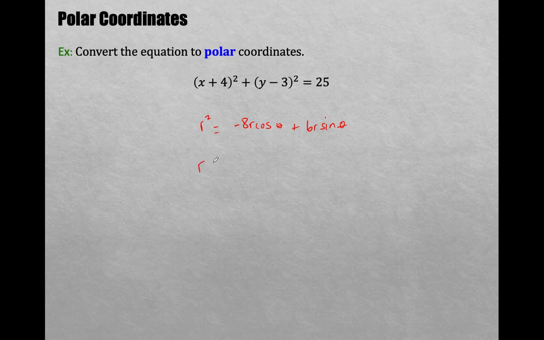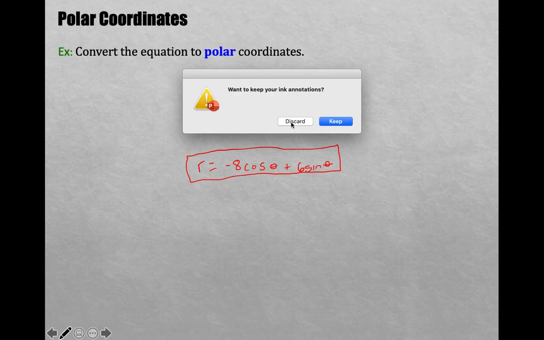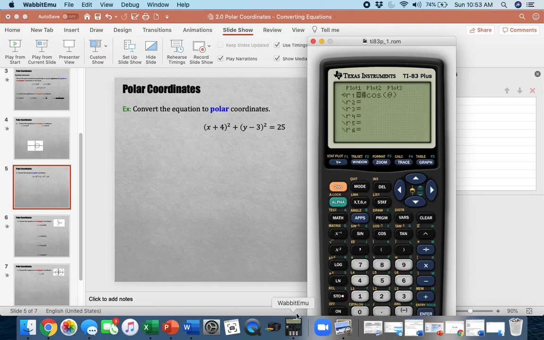But for my calculator, I need r to be by itself. So I just divide everybody by r. Usually dividing by a variable is tricky because you lose a root, but r equals 0 is a solution as well, and it's on the graph. So I really only care about doing this if somebody makes me get r by itself or I need to use my calculator. So let's put this into my calculator.